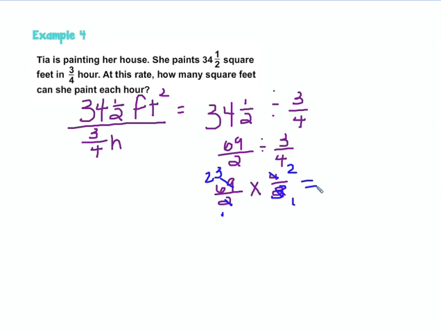So now I just multiply across. 23 times 2 is 46, and 1 times 1 is 1, which is equal to 46.